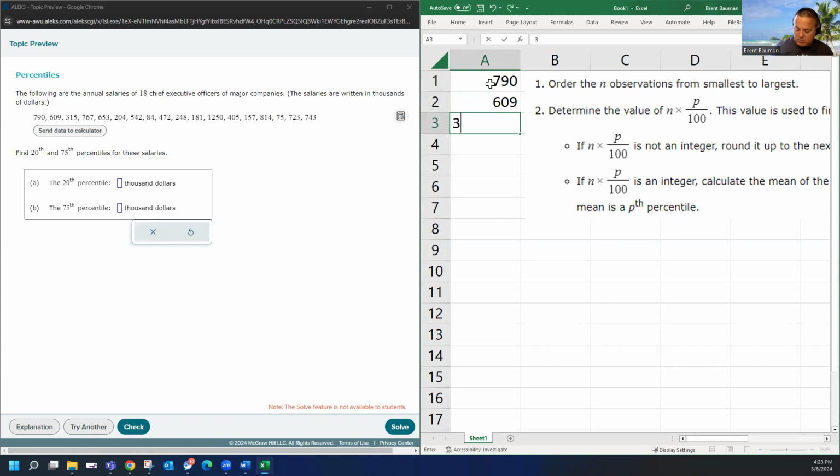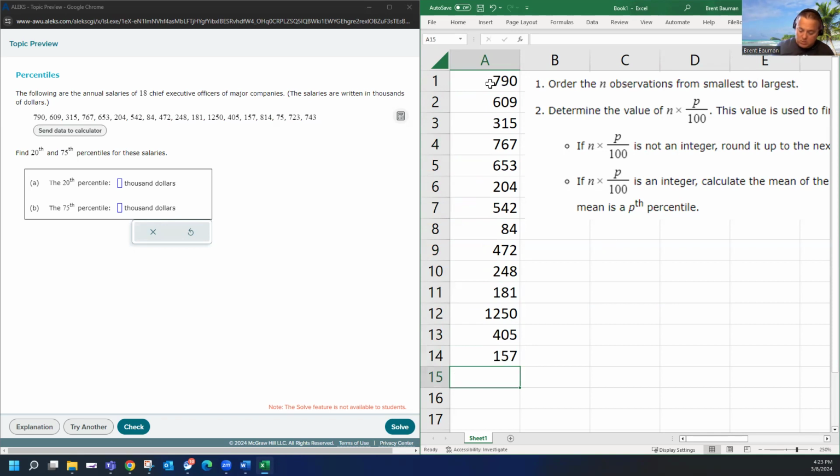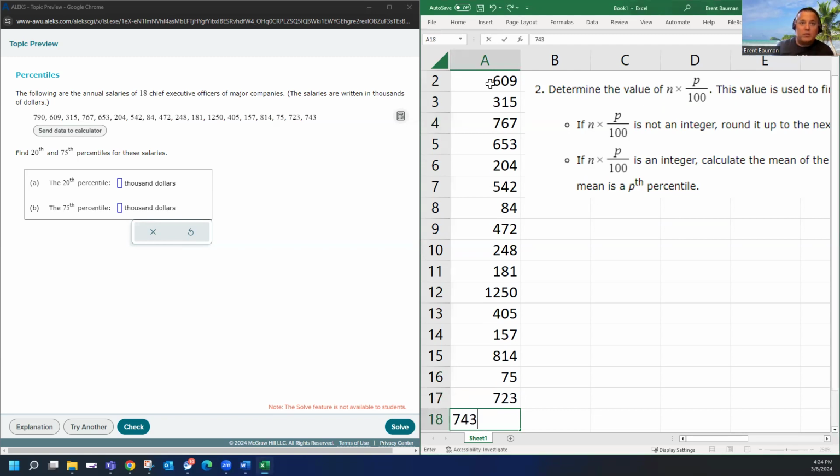All right, so 790, 609, 315, 767, 653, 204, 542, 84, 472, 248, 181, 1250, 405, 157, 814, 75, 723, 743.